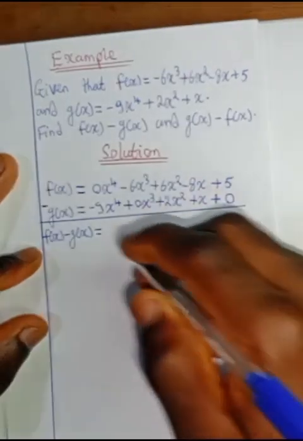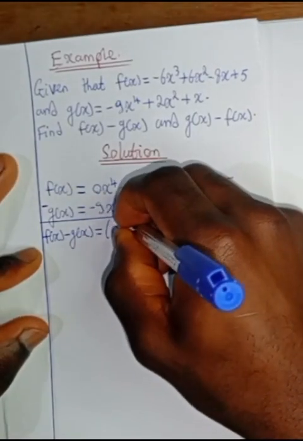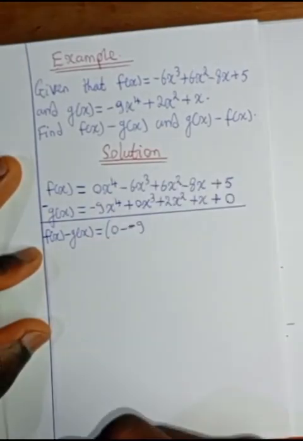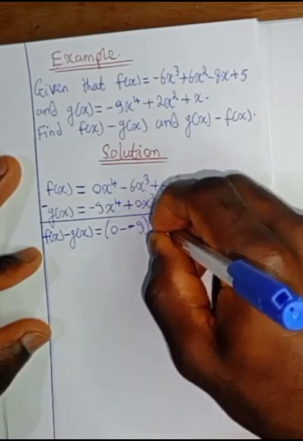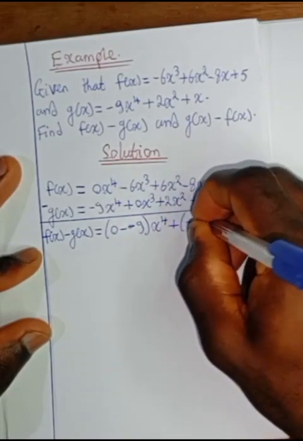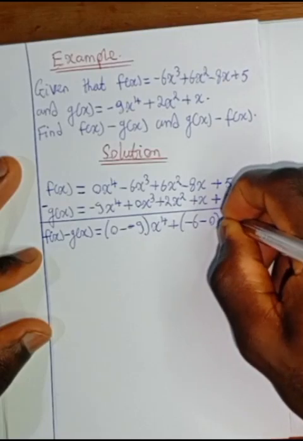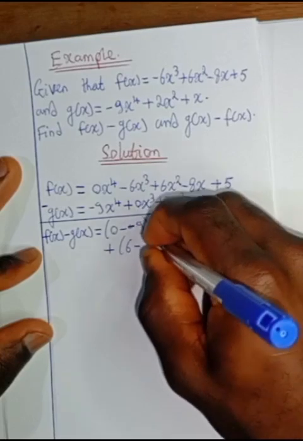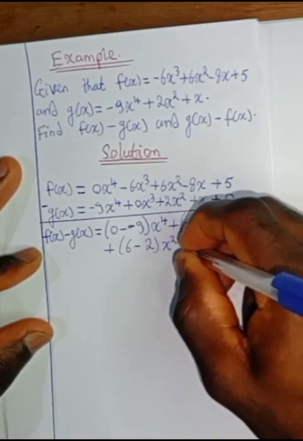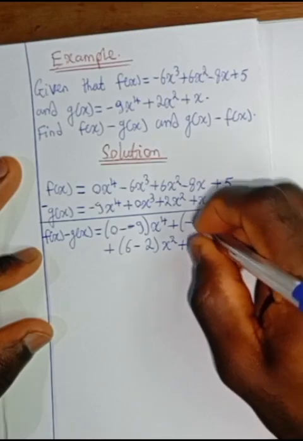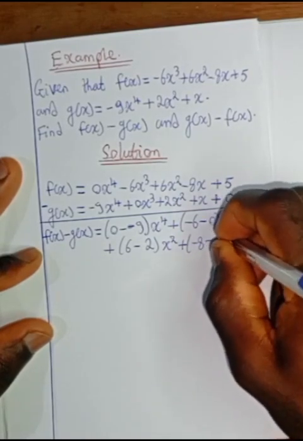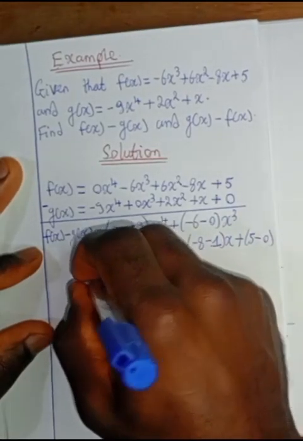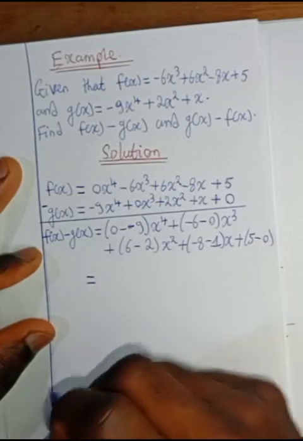So this will give us 0 minus negative 9 times x to the power 4 plus negative 6 minus 0 times x cubed plus 6 minus 2 times x squared plus negative 8 minus 1 times x plus 5 minus 0. So this will simply be equal to, negative becomes positive.